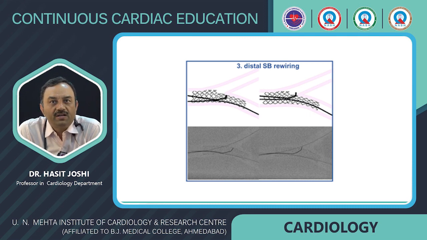The preferred technique is to leave the side branch wire in the side branch, remove the main vessel wire, and re-cross with an angle, then remove the side branch wire and go in with a loop in the main vessel. That is exchanging the wires from side branch to main branch and main branch to side branch.